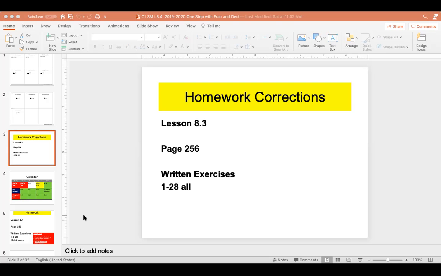Number 16, n equals 12. Number 17, n equals 91. Number 18, n equals 96. Number 19, n equals 11. Number 20, n equals 17.